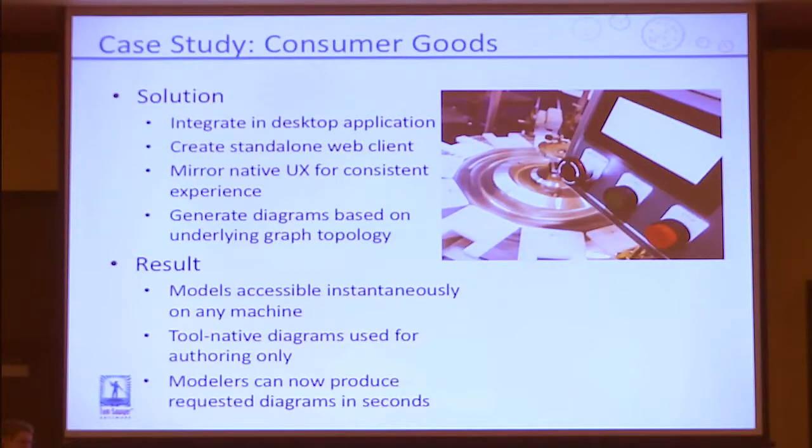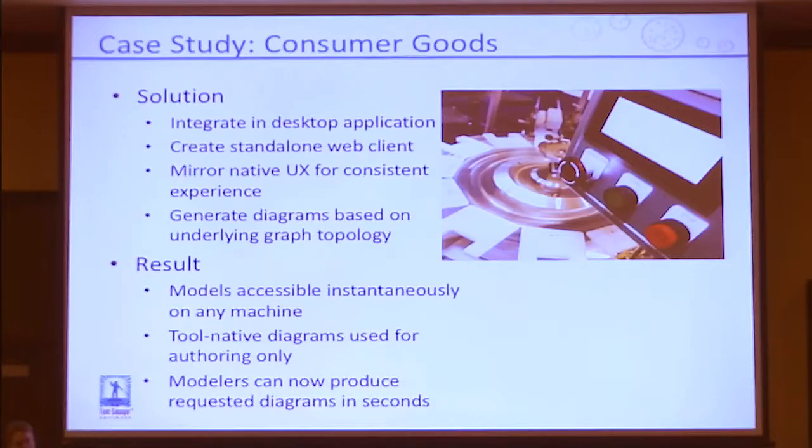And they decided that they were going to take us, integrate us with a desktop tool, integrate us with a standalone web client via a service to access the model, right? And they were going to create a uniform experience for their modelers for generating diagrams in both desktop and web environments based on a known underlying topology, right? So if you say, I want to create a block definition diagram, you can describe fairly simply, okay, well, this is a block. It's attached by association, attached by aggregation, right?